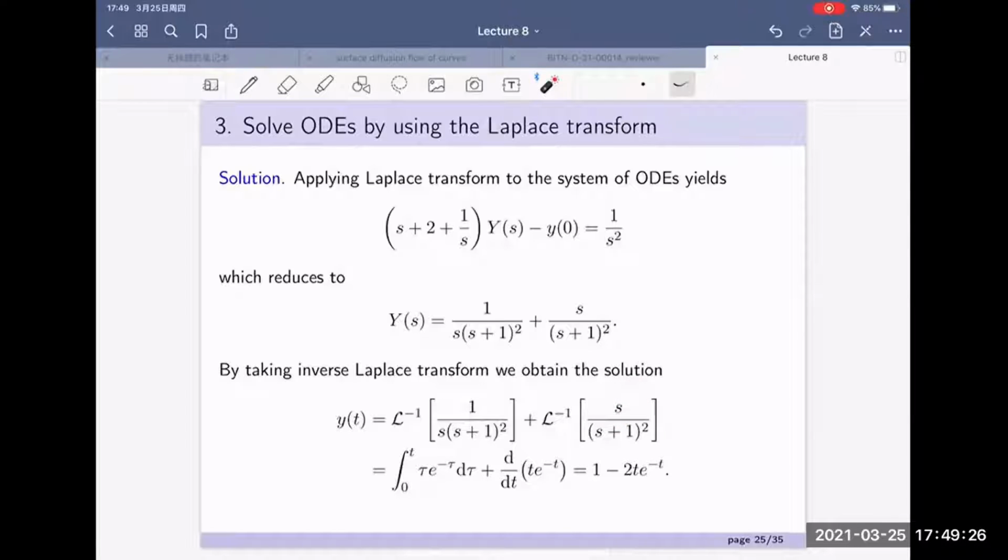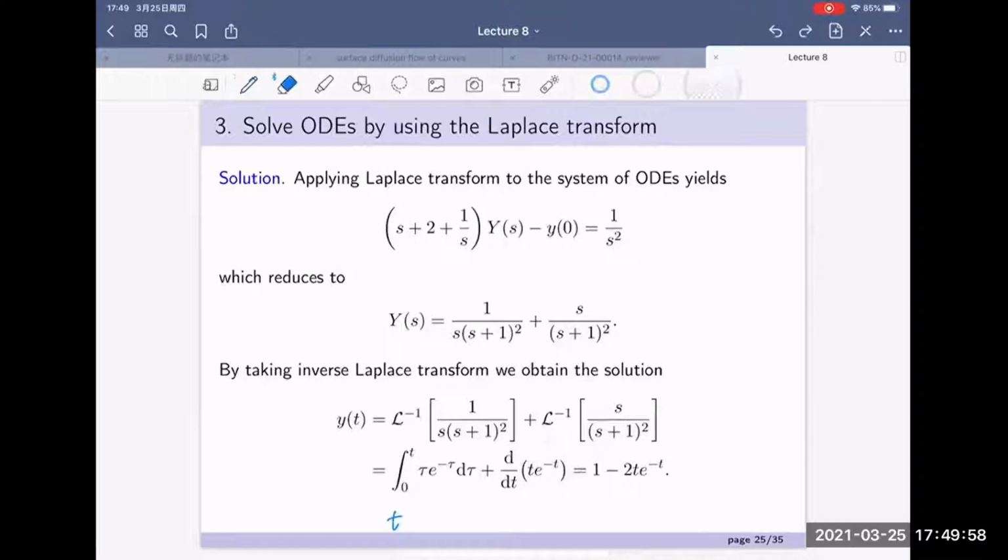It means that you should take a derivative, because the Laplace transform of a derivative is equal to the Laplace transform of this function multiplying s. Okay, because the Laplace transform of this function is 1 over s plus 1 squared. So let's look at this term.